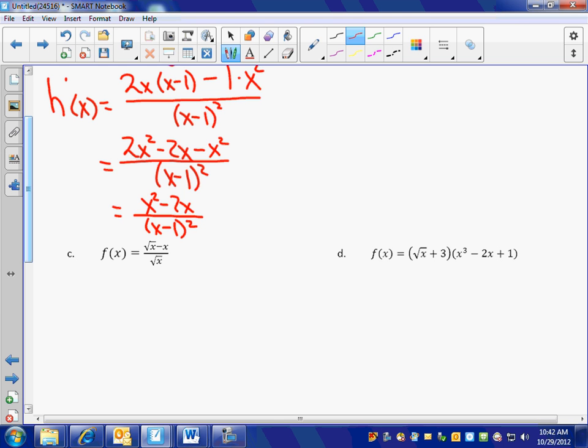Now, the top would factor to x times x minus 2, right? Would that cancel with anything in the denominator? No, so we leave it. So that's our derivative. We're done. But notice, in order to find these derivatives, we're actually using the power rule that we used before. Are there any questions on that first one?